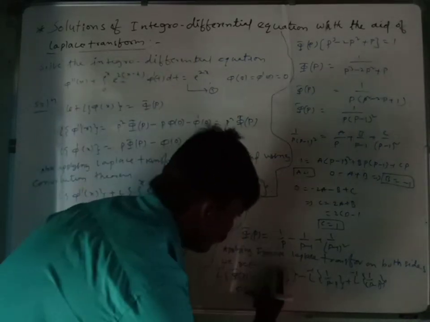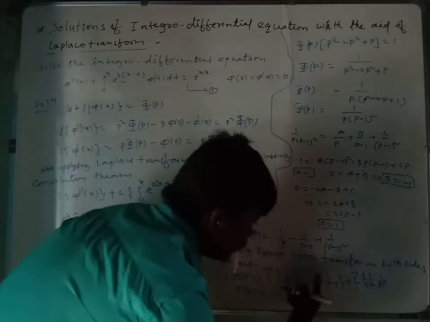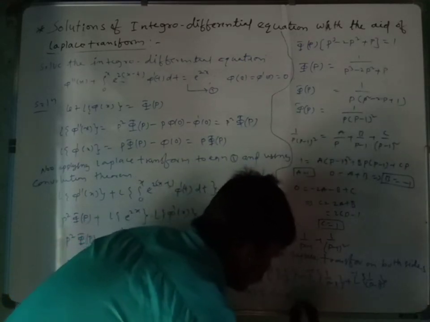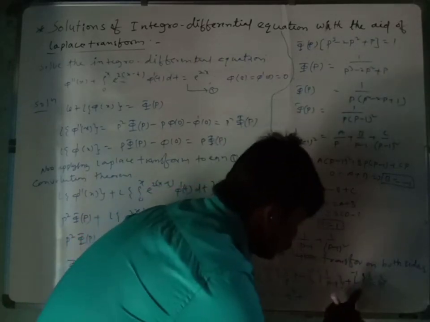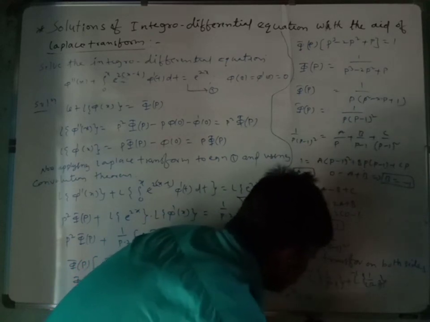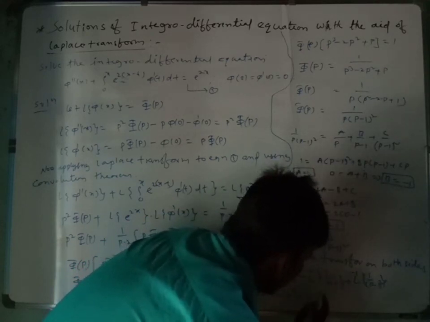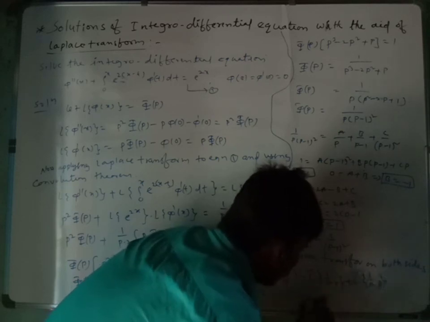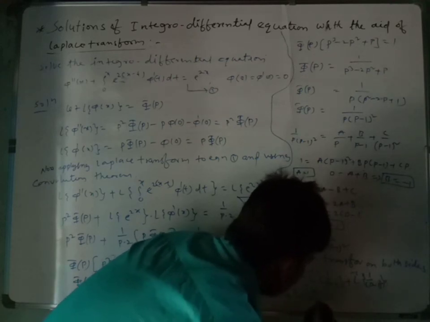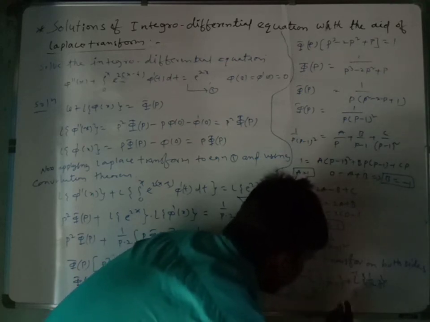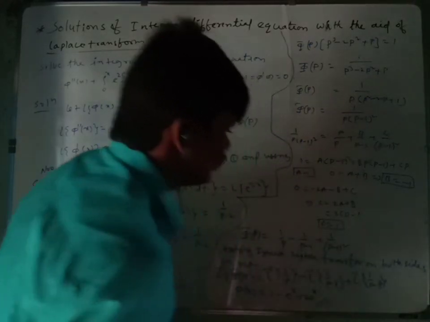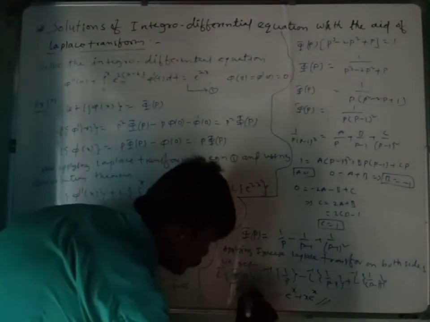Inverse Laplace transform of 1 by p equals 1, minus inverse Laplace transform of 1 upon p minus 1, which means e power x, plus, using the first shifting theorem of inverse Laplace transform, x into e power x. So this equals 1 minus e power x plus x e power x.